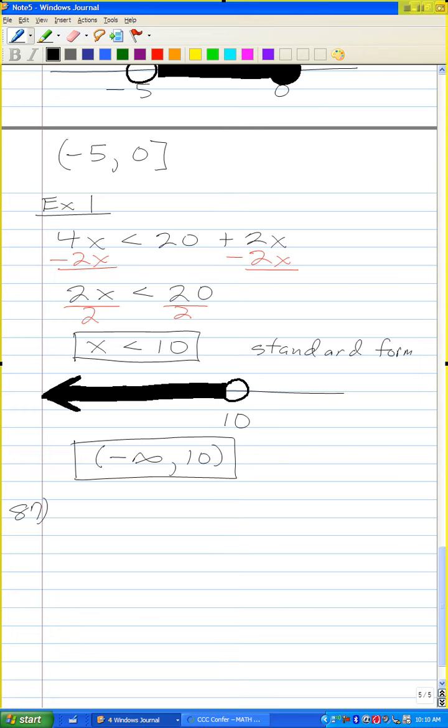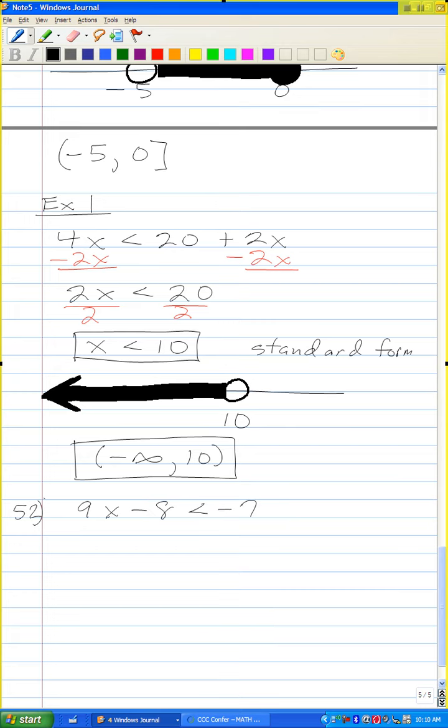Let me do problem number 52. In exercises 25 through 64, solve the inequality. So 9x minus 8 is less than negative 7.